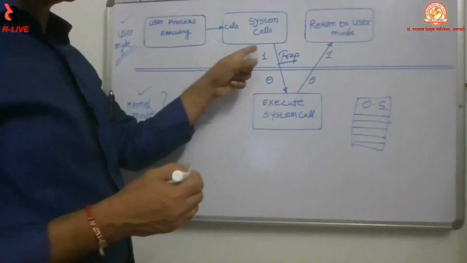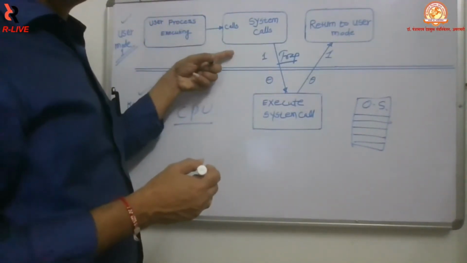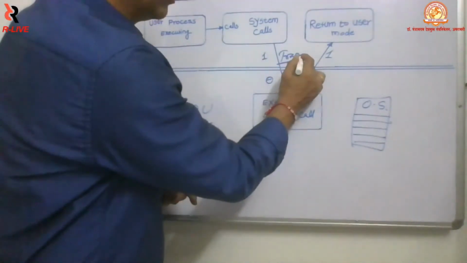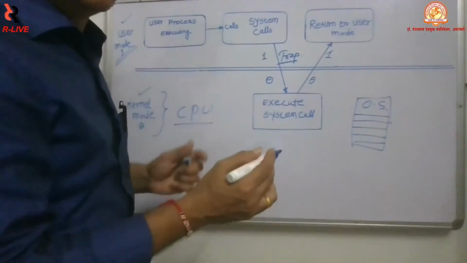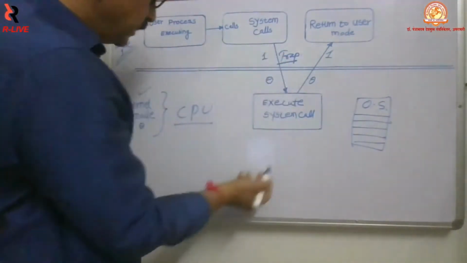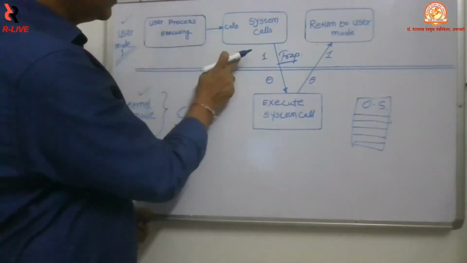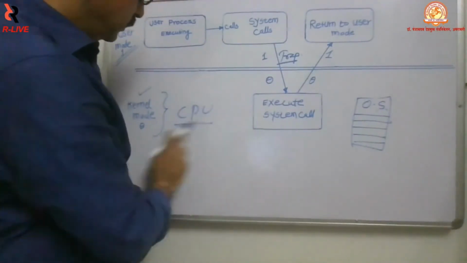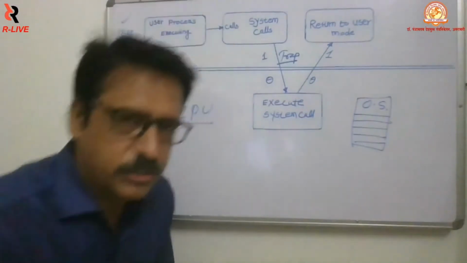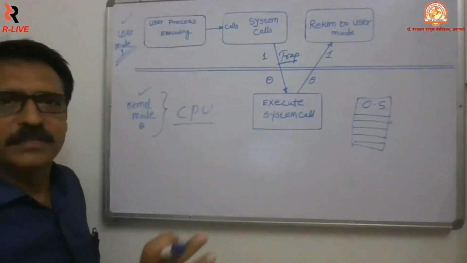If privileged instructions are executed in user mode, it is illegal and a trap occurs. Trap means interrupt. The trap is generated, and suddenly the processor turns from user mode to kernel mode, because executing privileged instructions in user mode is illegal.